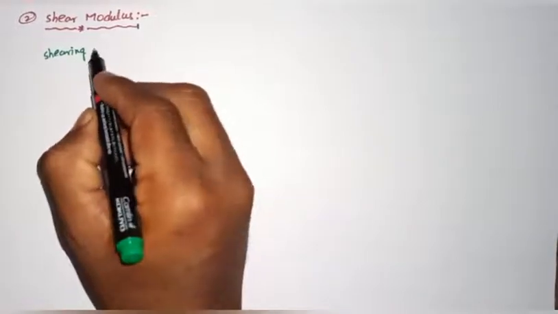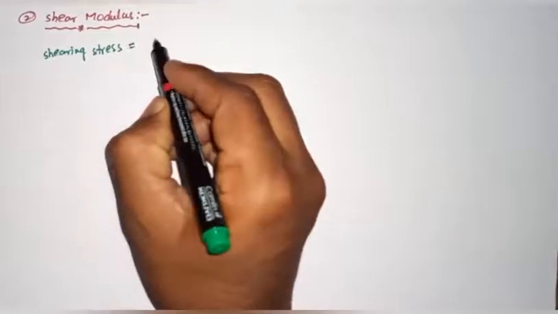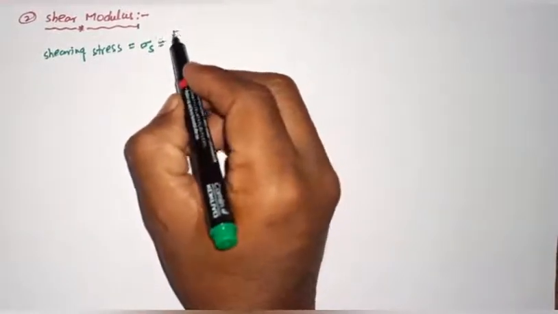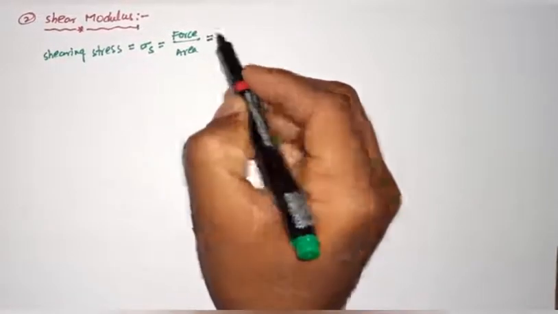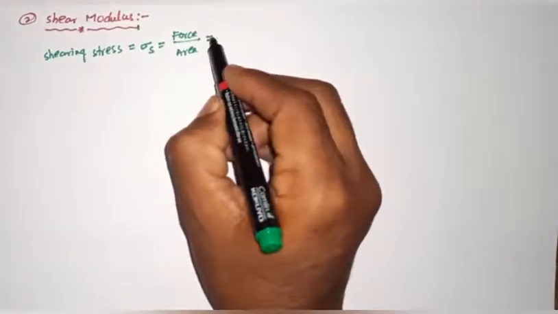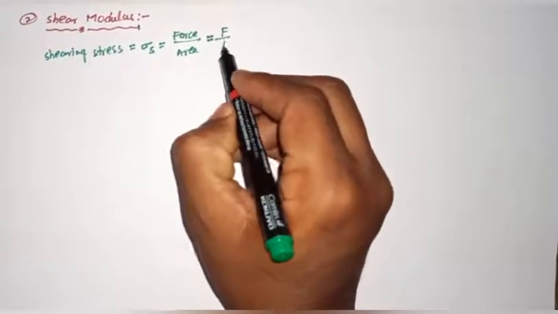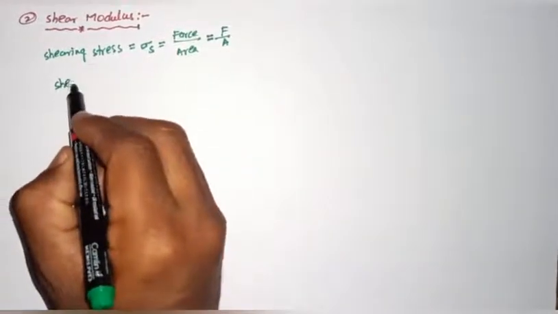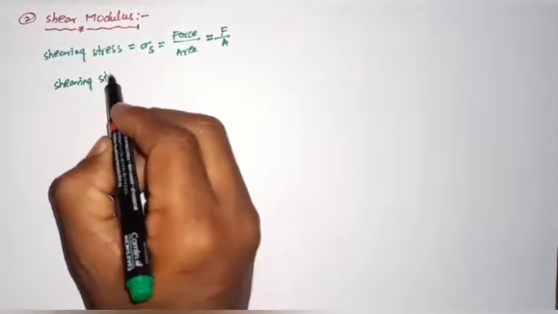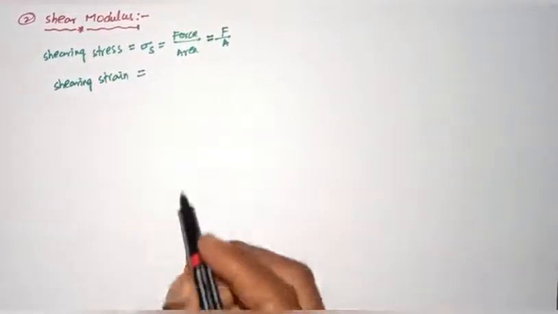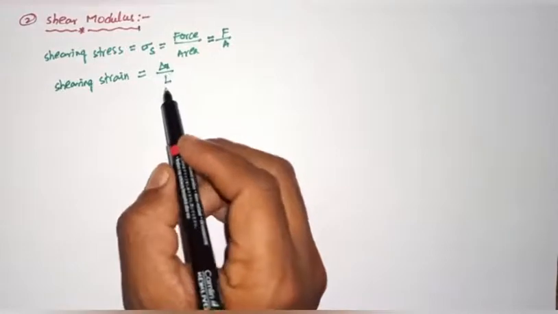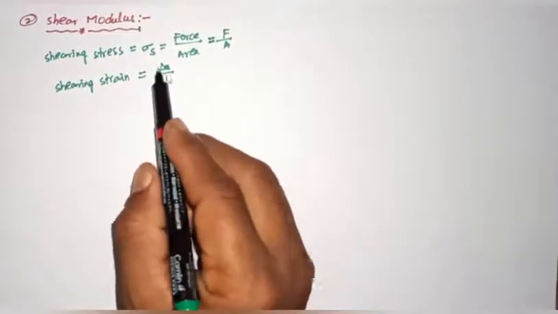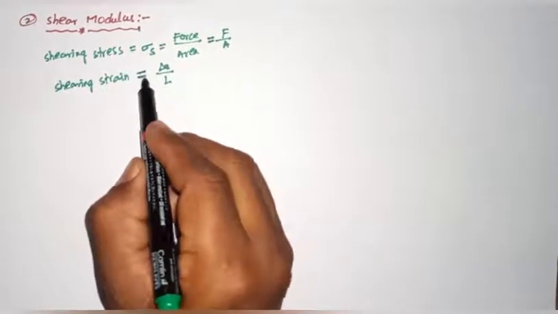Shearing stress is denoted as sigma s equals restoring force by area, that is F by A. Shearing strain equals delta x by L, where L is the original length and delta x is the displacement from the original position.